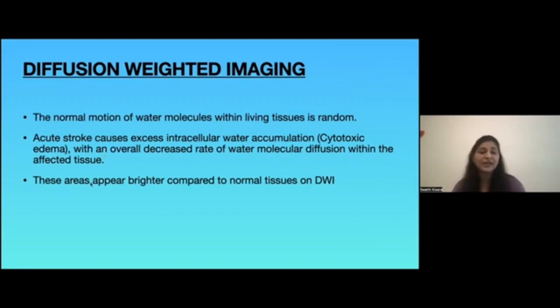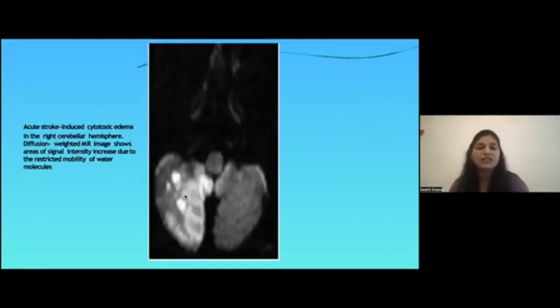So these areas appear bright compared to normal tissues on diffusion weighted imaging. So this is a DWI image showing diffusion restriction areas appearing hyperintense in a patient with acute stroke-induced cytotoxic edema in the right cerebellar hemisphere.